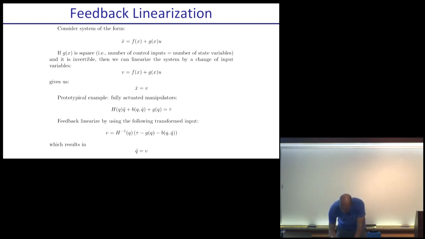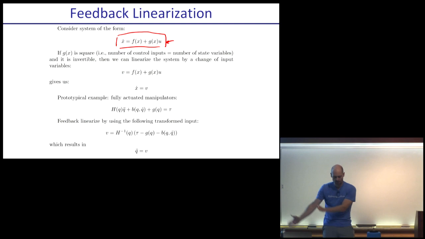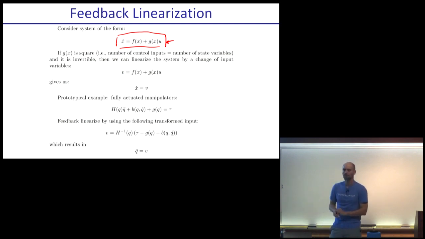So imagine you have a system of this type. x dot is f of x plus g of x times u. x dot means time derivative of x. And this doesn't need to be scalar. This will typically be a vector x.